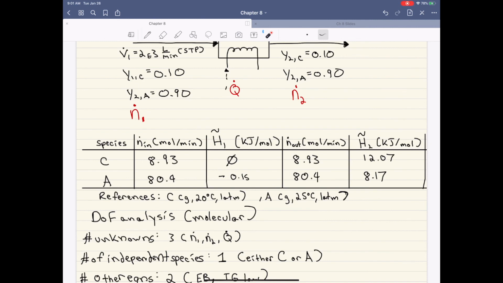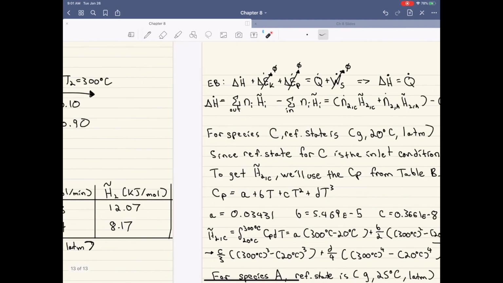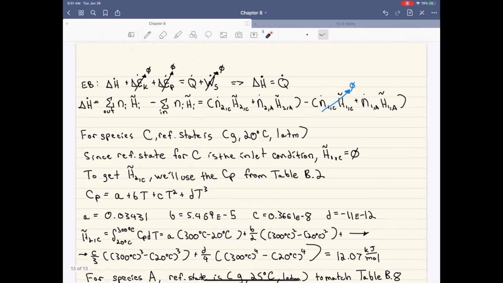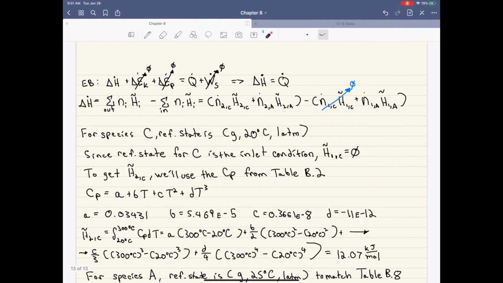And so why is this useful? Okay? Well, if we go back to our expansion of the enthalpy term, the way we wrote it, we basically just have molar flow rates times their enthalpies, and then minus the inlet ones as well.